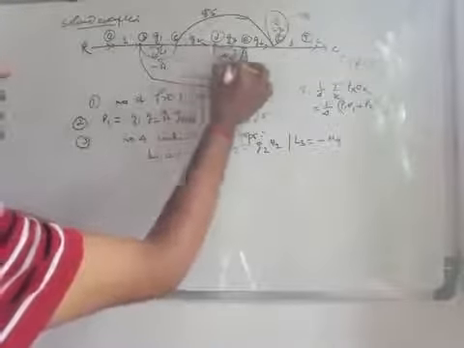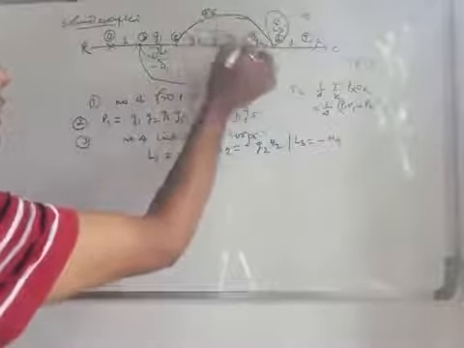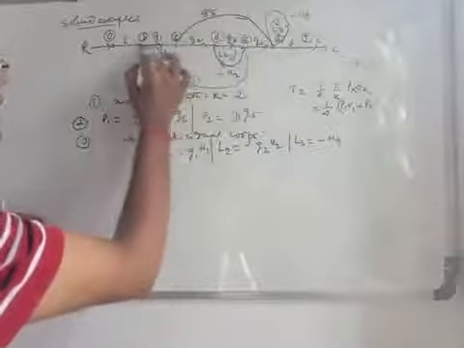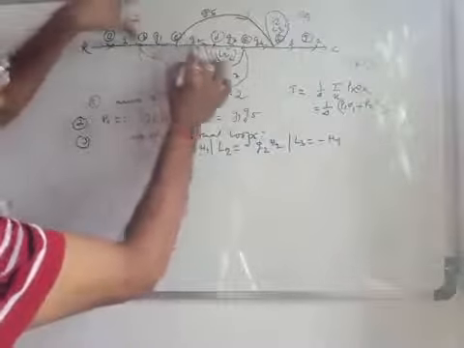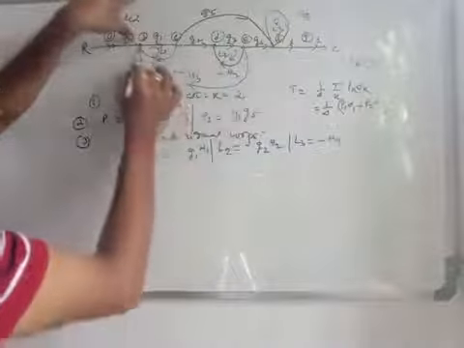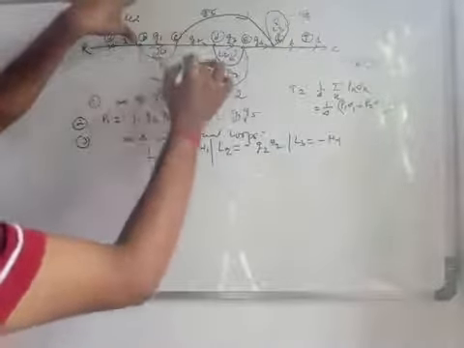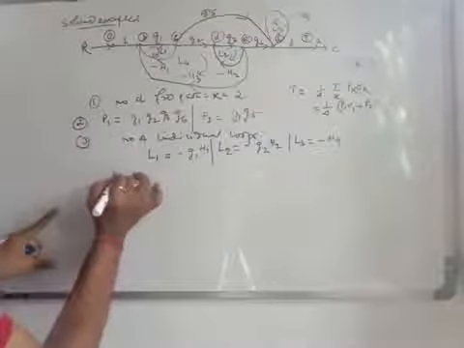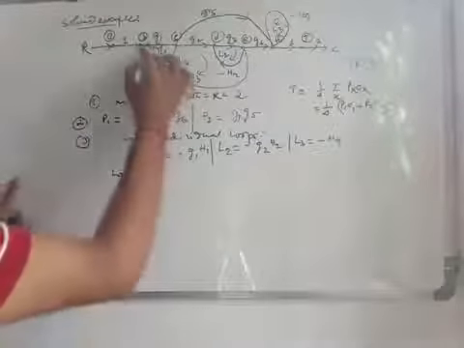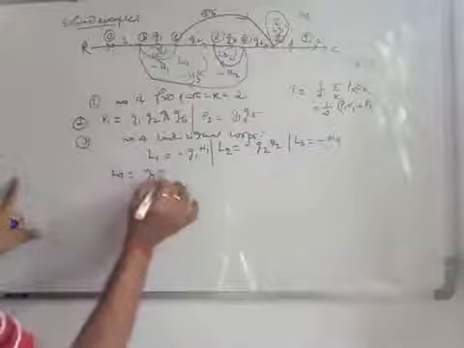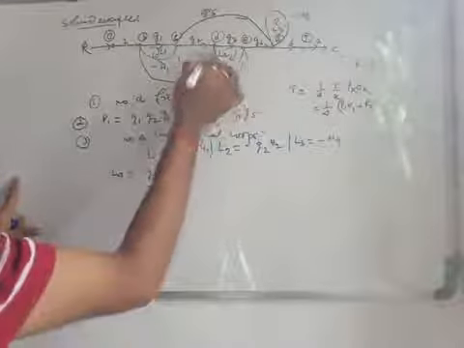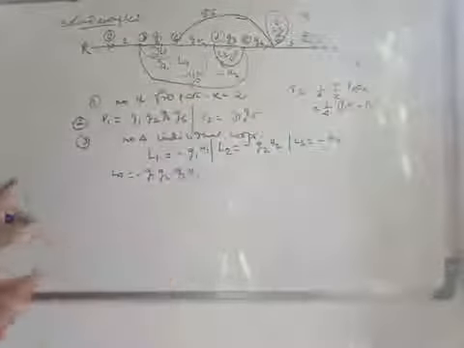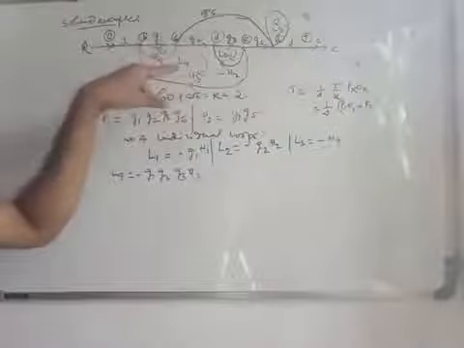No, this is going in this direction, not in the backward direction, so loop formation is not possible here. You see this signal is going from B to C to D to E and coming back to B, right? So this can be L4. So we may call L4 equal to G1, G2, G3 and minus H3, right? This is another loop.